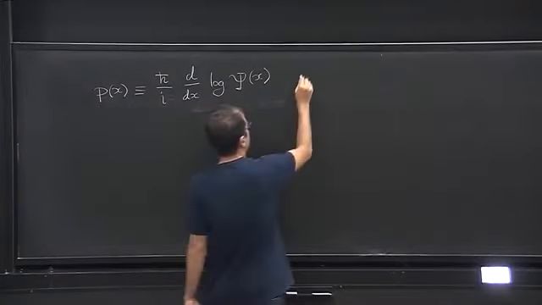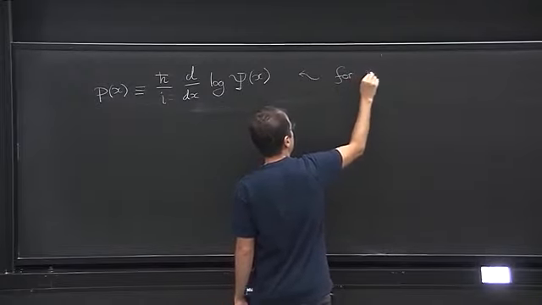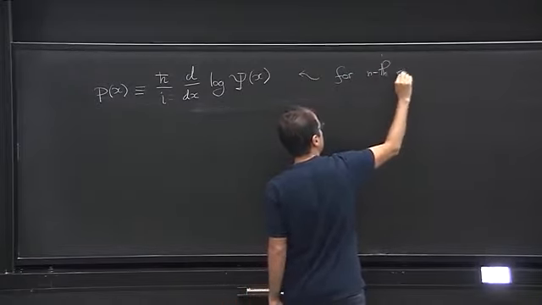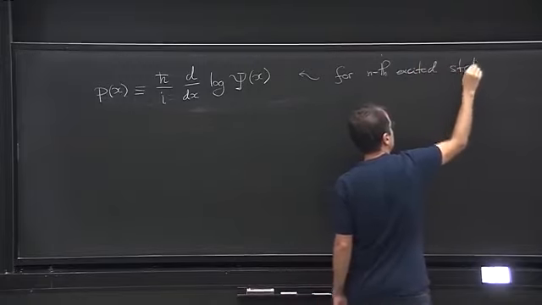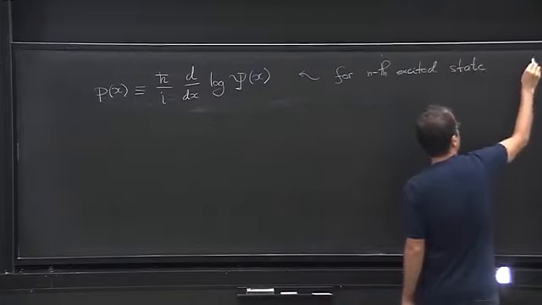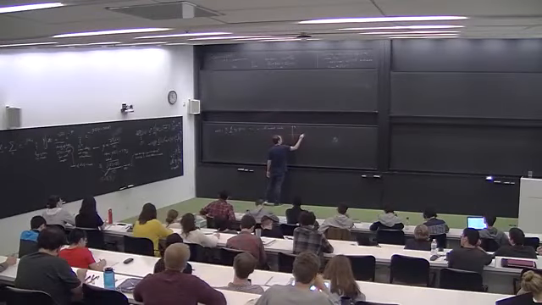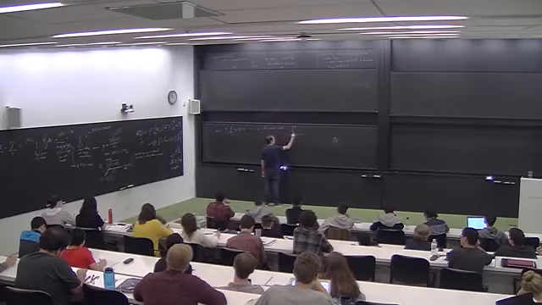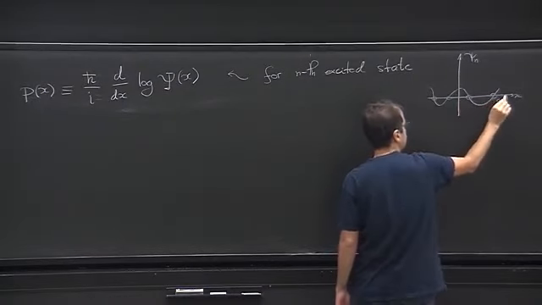For the nth excited state, my wave function psi n as a function of x will have 1, 2, 3, n zeros.